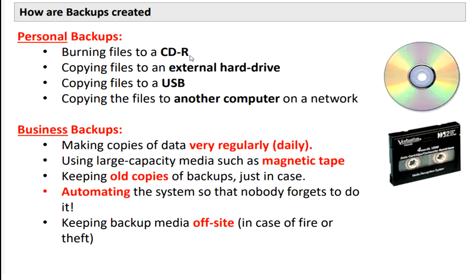Copying files to an external hard drive, copying files to a USB or a flash memory. A USB is another name for a flash memory. Copying the files to another computer on a network. If your computer is connected to a network, you can share your information to a main PC, which will be like a PC for archiving.